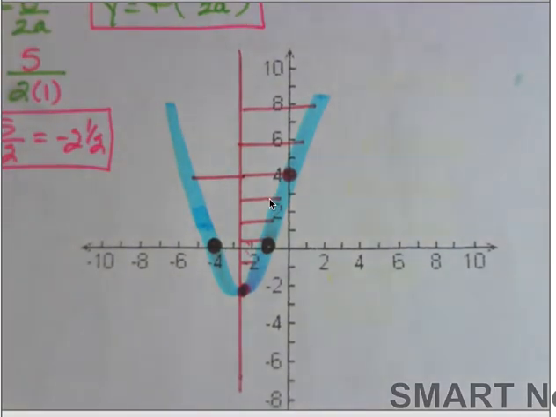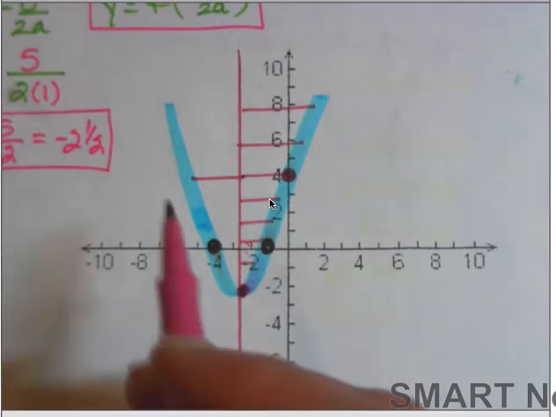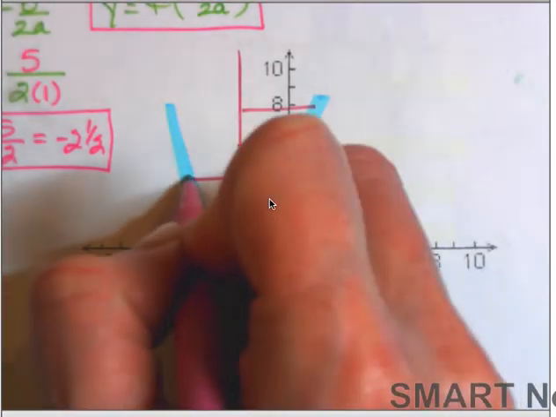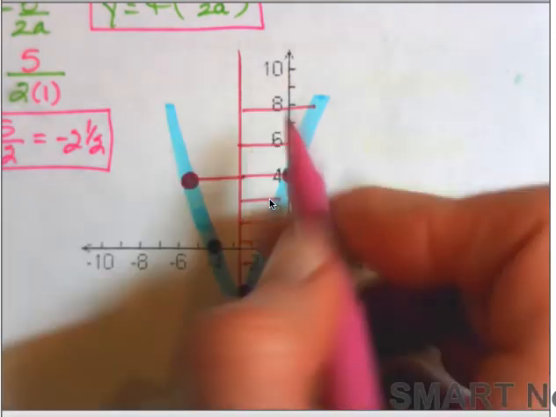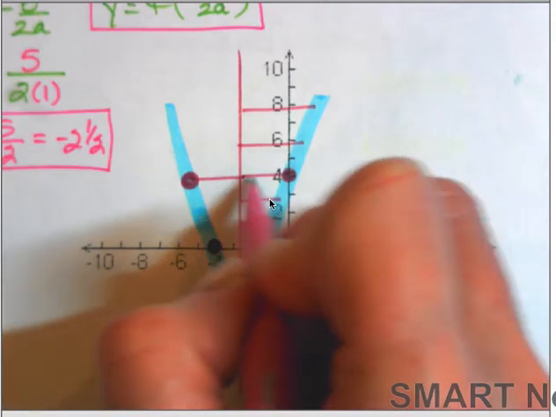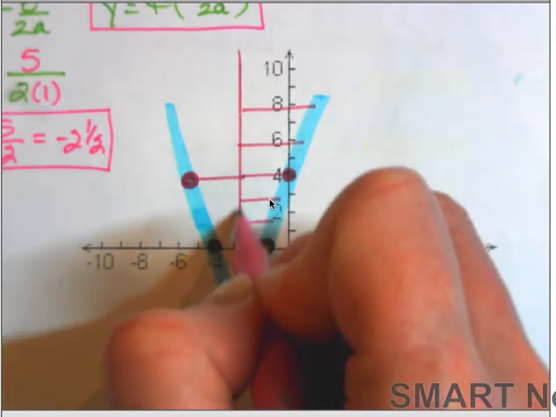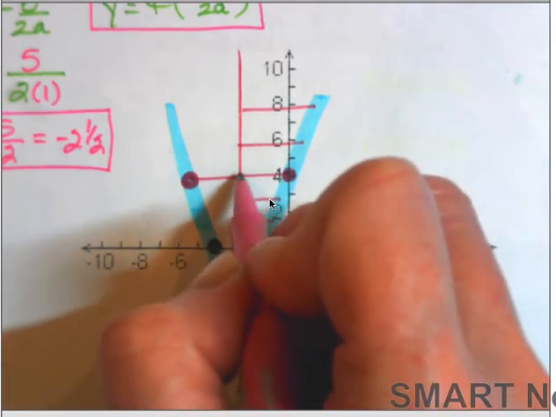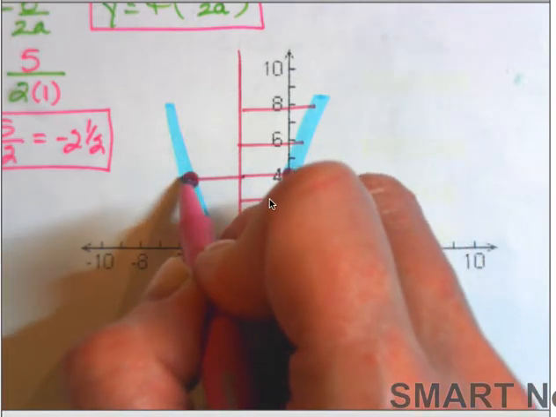And I went ahead and figured this out. For this particular symmetric partner here, this point (0, 4) is 2.5 units to the right of the symmetric line, which means his partner would be 2.5 units to the left of the symmetric line.